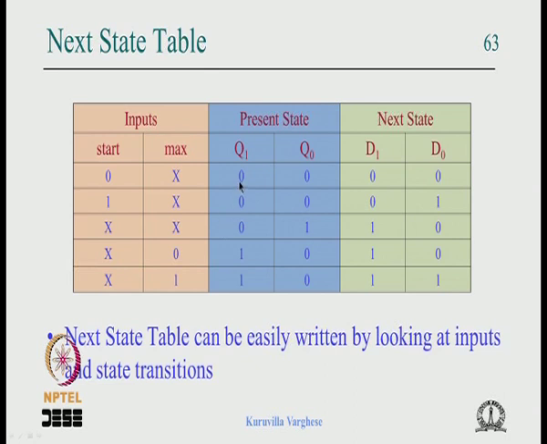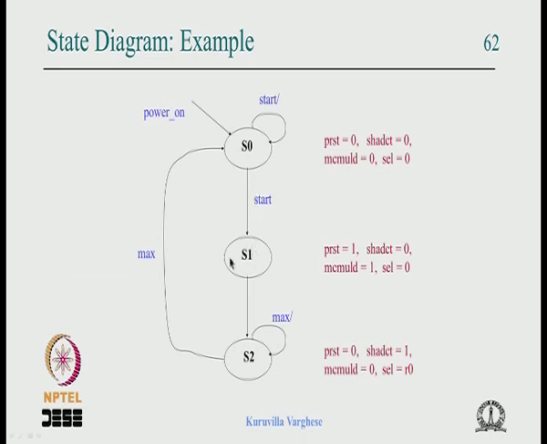So initially at power on, the present state is 00. When start is 0, max is don't care, we don't care about max, then the next state is 00 itself, and when start becomes 1, max don't care, 00 transits to 01. And if you see the next transition, when you are in S1, 01, there is no condition, it transits to 10.